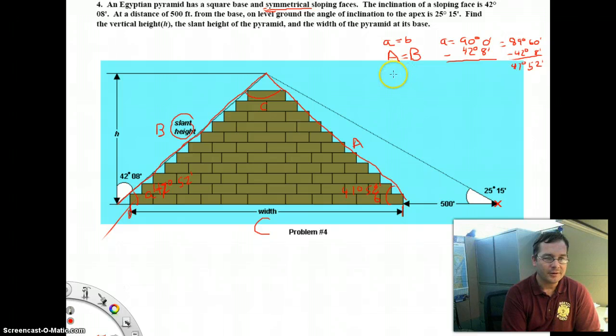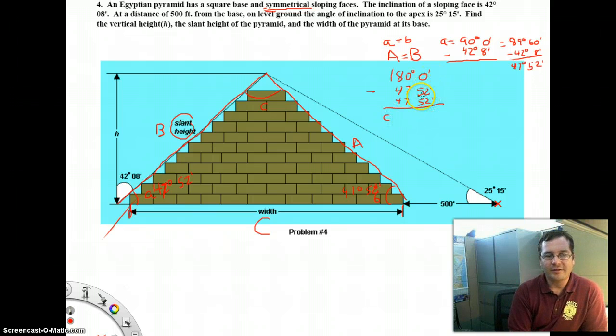So again, we can calculate this over here. We'll start with 180 degrees, 0 minutes, minus 47 degrees, 52 minutes, and 47 degrees, 52 minutes. That will give us the value of angle C. Now the problem is, borrowing once isn't going to do the trick, because we've got two terms with 52 minutes in them.